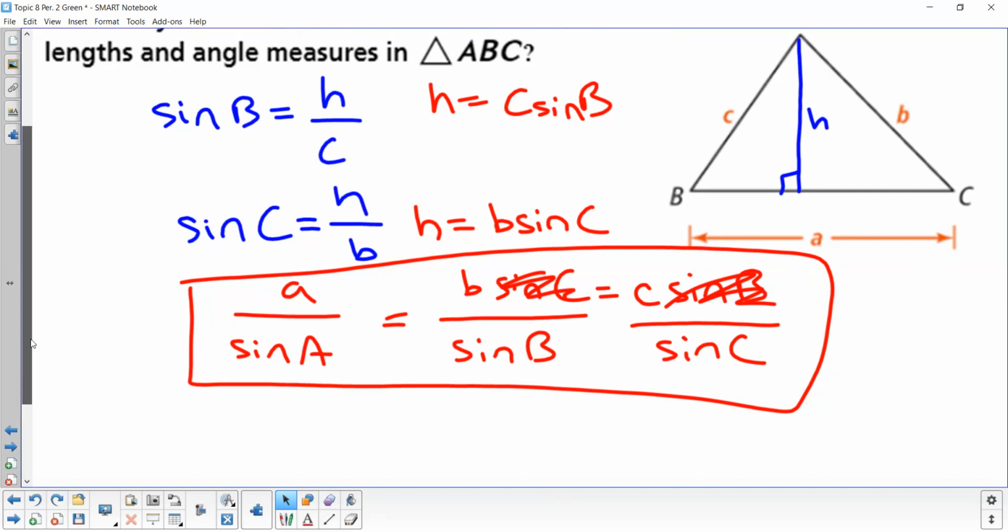And let's actually talk about when these get used. What are the lowercase letters again? Sides or angles? Sides. They're sides, right? So I like using this top one when I'm solving for a side. The book is not going to write it this way, but we're smarter than the book always. So we can just throw the book under the bus whenever we need to. And we're going to use this second one when we solve for angles.